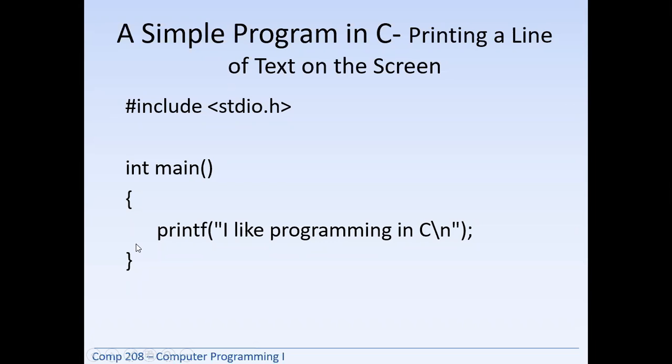Optional: we can write return 0 or not, it's optional now in the newest compilers. printf, open parentheses, between quotation marks we write what we want to display, and \n is a new line. It's a repetition of the last lecture.